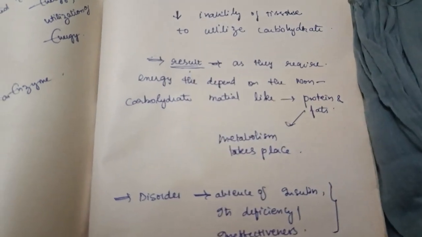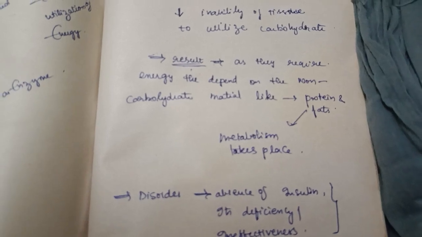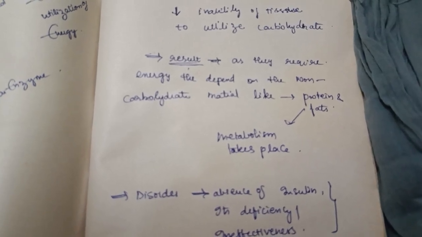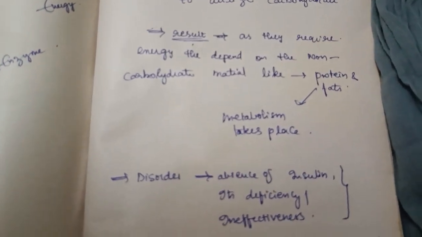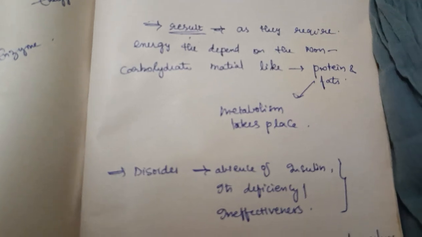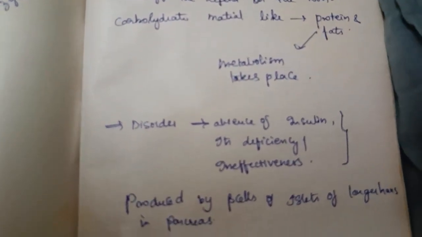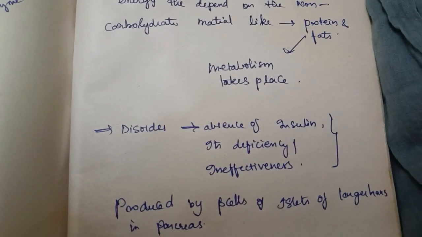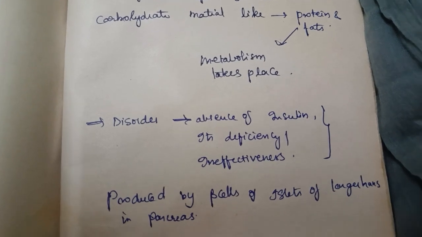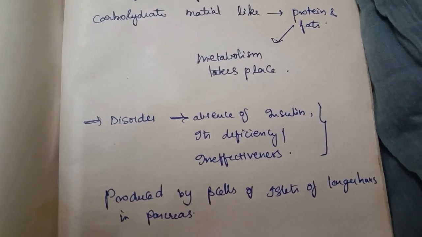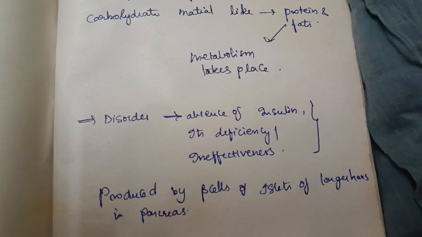Diabetes mellitus is the result of improper production or deficiency of insulin. This disorder is mainly caused by three important causes. First, absence of insulin, meaning insulin is completely absent.